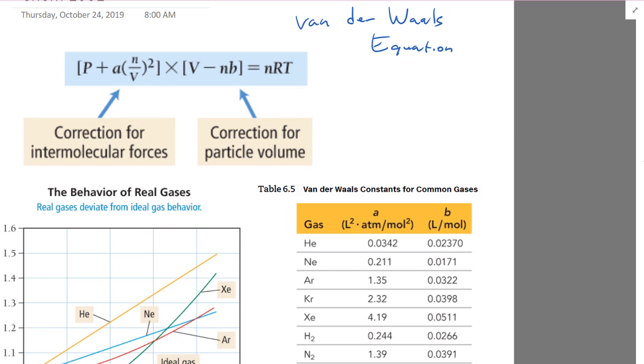And if we look at this van der Waals equation, notice it still takes on a form very similar to the ideal gas law. The form is PV equals nRT. But you have a small correction in the pressure that takes into account the intermolecular forces. We have a small correction for the volume, which is taken into account here with the particle volume.